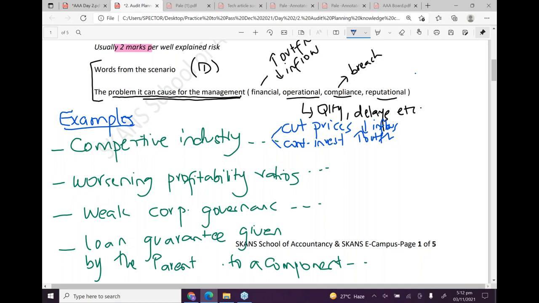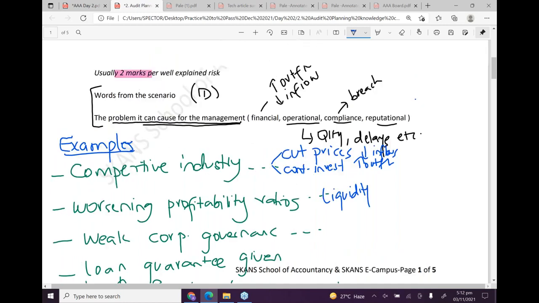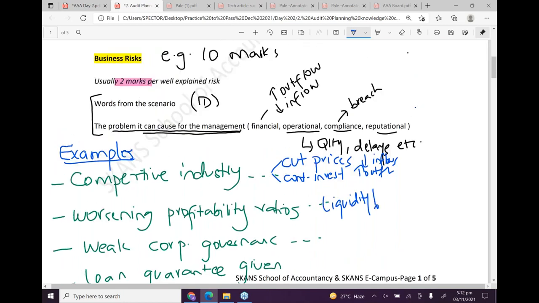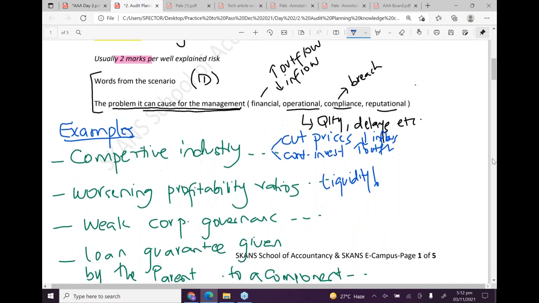You will have to tell me that worsening profitability actually means in the future I'm going to be dealing with liquidity and cash flow issues as well. So if your profits are going down, eventually you're going to face liquidity problems as well. Your cash is going to be affected, etc.